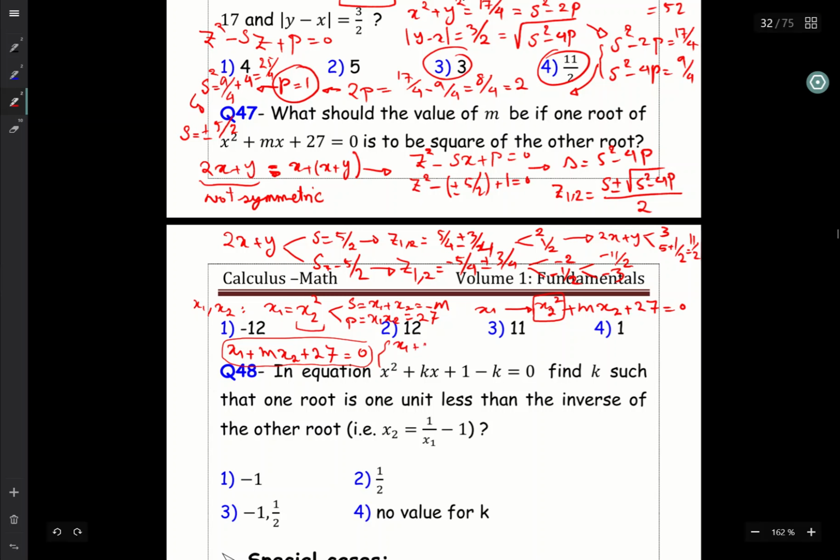So x1 plus m x2 is minus 27, but from the sum we know that x1 plus x2 is minus m. Now if we subtract these two, (m minus 1) times x2 is equal to m minus 27. Therefore x2 is (m minus 27) divided by (m minus 1), right?